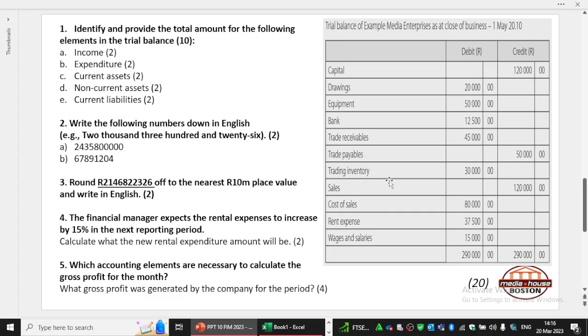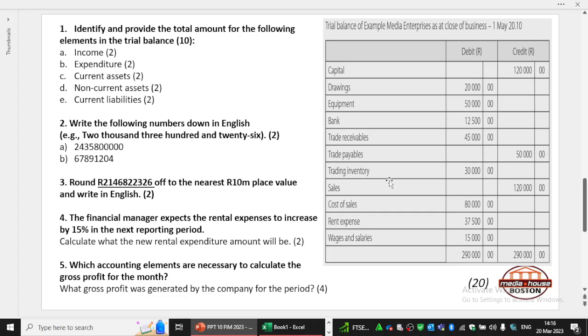So before I answer this question, I'm going to give you answers to the question, but without calculations or adding. So based on the trial balance, I previously explained that your credit side of the trial balance, I'll start with the credit side, represents all your equity, your liabilities, as well as your income.